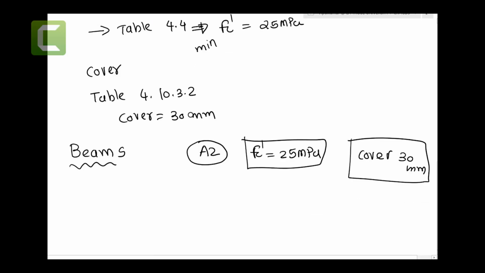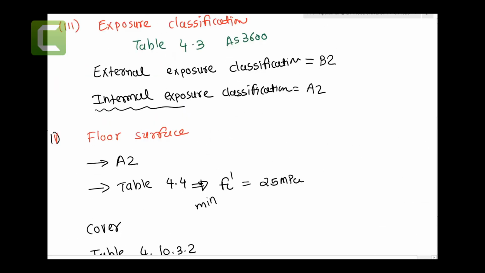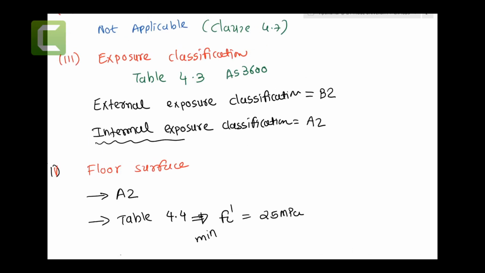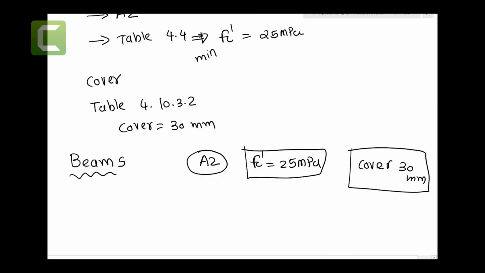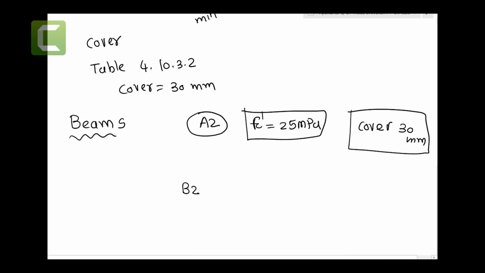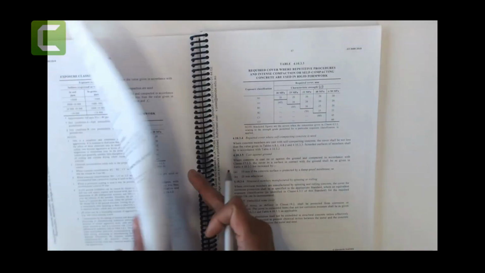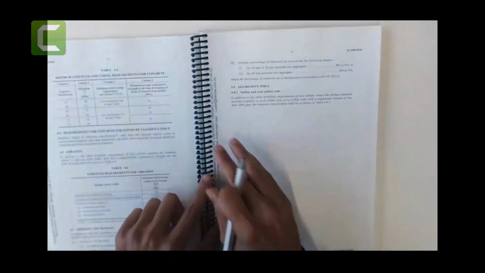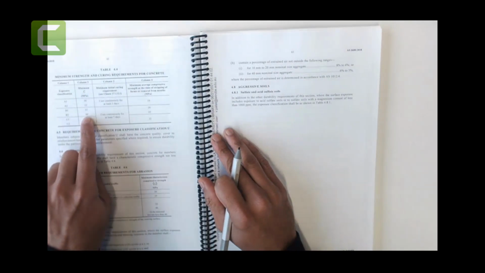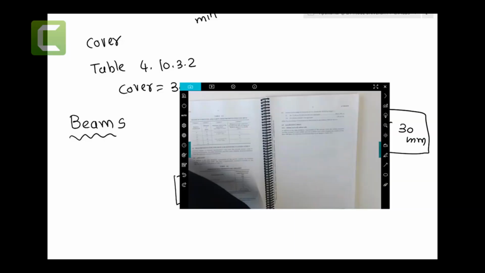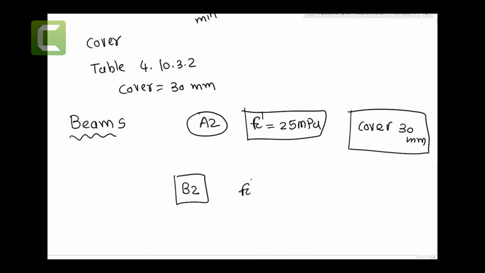For external beams, what was the classification for external beams? Let me check. Classification for external beam is B2. For B2 classification, if you go back here and you want to specify the concrete compressive strength, it is 40 megapascals for B2, and by the way, this is external beam.